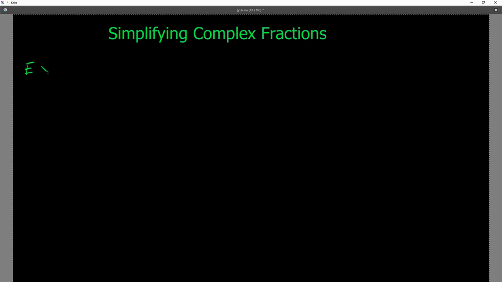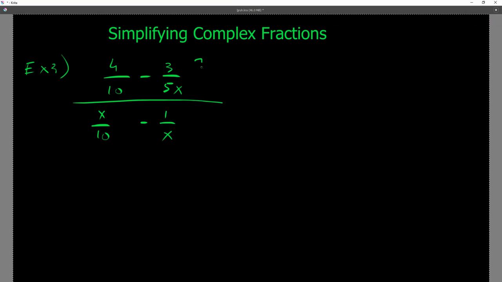The last type of example looks something like this. 4 over 10 minus 3 over 5x, and then x over 10 minus 1 over x. So again, you do the LCD and you look at all of them. Look at the numbers first. 10, 5, and 10.